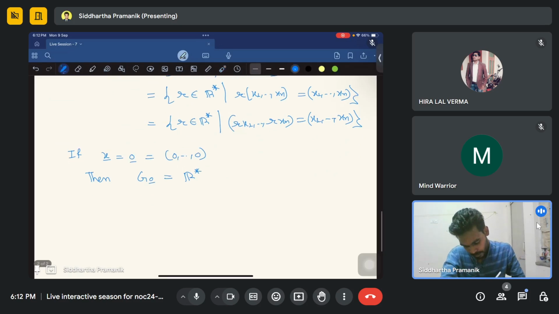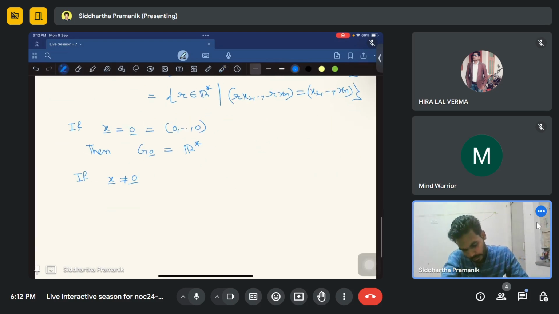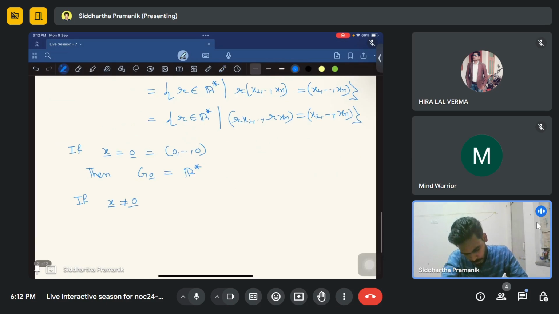But if it is non-zero, meaning at least in one coordinate you have a non-zero entry, then xi is non-zero for some i.